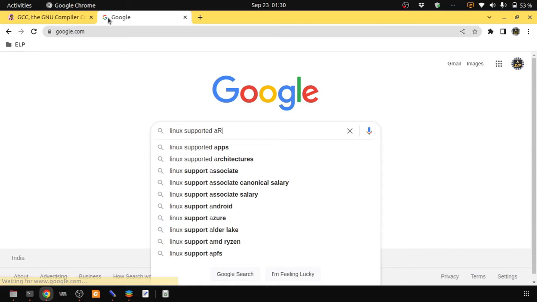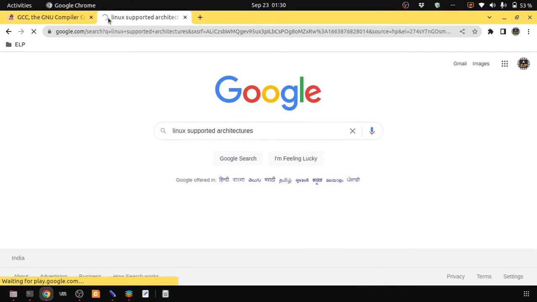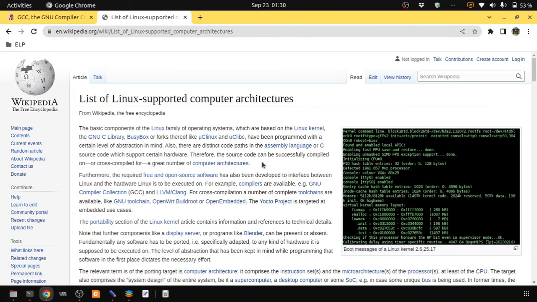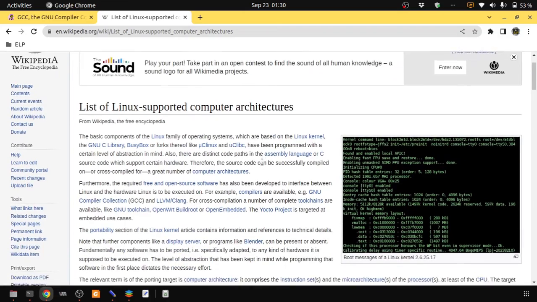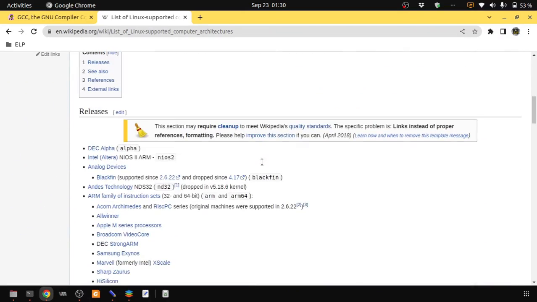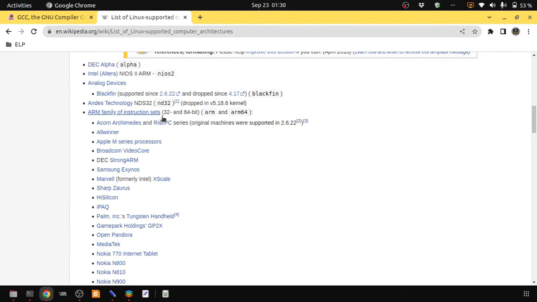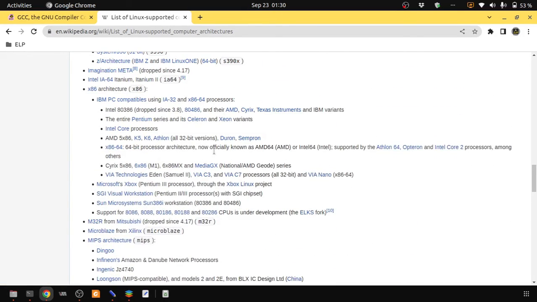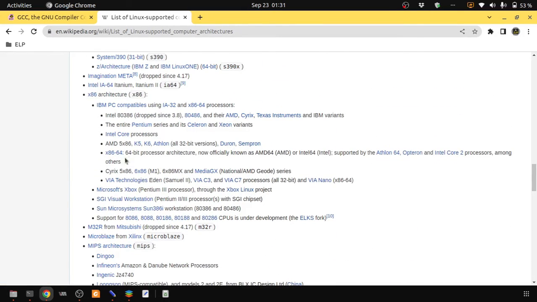If you see, I think now it supports Alpha and so on. There is a lot of the ARM family, Intel Core processors, AMD x86.